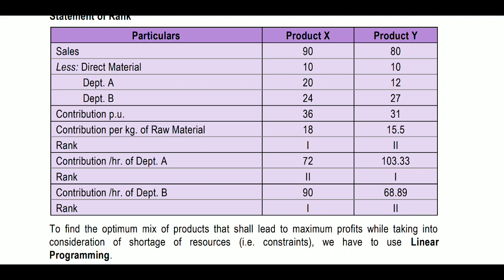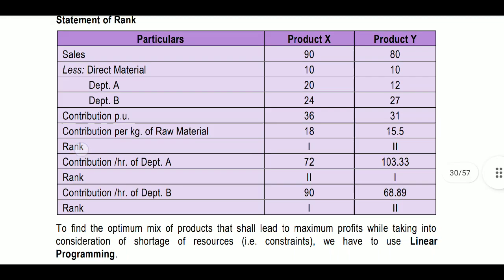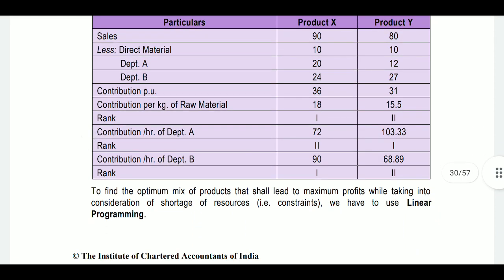Next, contribution per hour of department A is 72 for product X and 103.33 for product Y, so product Y is first rank. Contribution per hour of department B is 90 and 68.89, so product X gets rank 1 there.